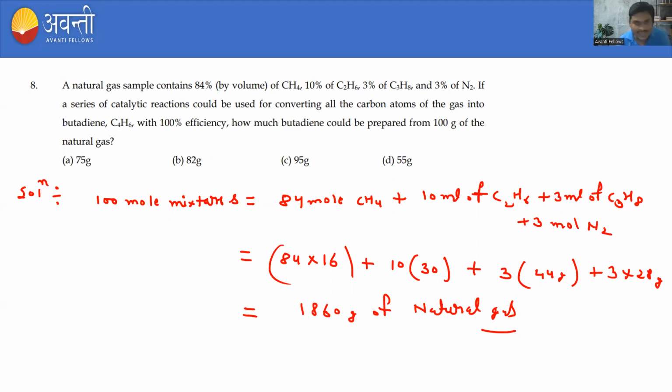Now, they are asking how much butadiene could be prepared from the 100 gram. So how many moles of carbon do we have in the 100 mole mixture?